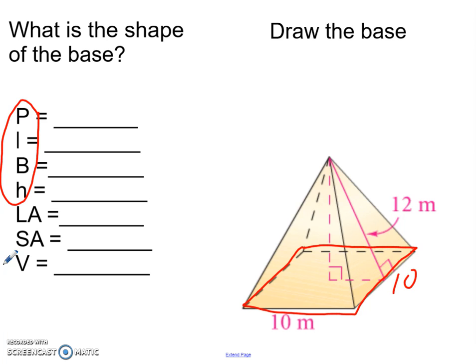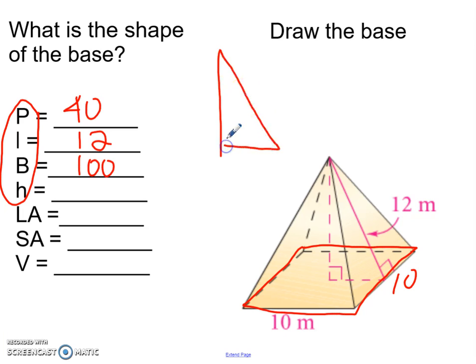So first, the perimeter of the base, we just add all those up, it'll be 40. The slant height is given to us, that's 12. The area of the base, we multiply the side times the side, which is 100. And then to find the height, that's where we have this little triangle.